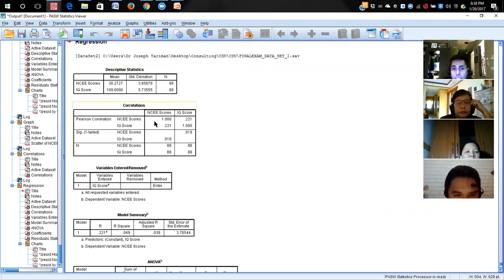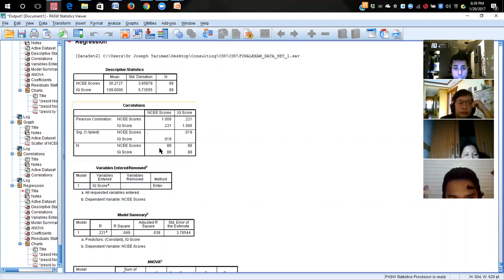And here you will also find that in your regression output on SPSS, you also have the correlation. So again, it's 0.221. That's the same thing that we got when we did the correlation coefficient. And why did I use a Pearson correlation? Because I already checked my data and it is normally distributed, which again, we will also check in regression analysis.